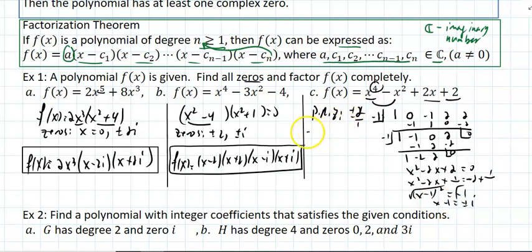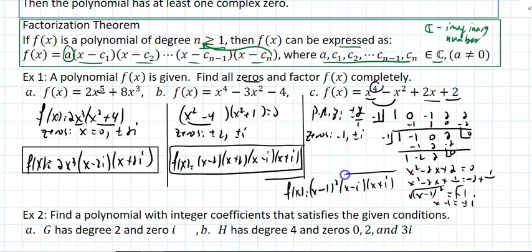So I could say the zeros are negative 1 multiplicity 2 and plus or minus i. So I can write f of x as x minus 2, x plus 2. I'm sorry, it was multiplicity 2, I messed up: x minus 1 squared, x minus i times x plus i.